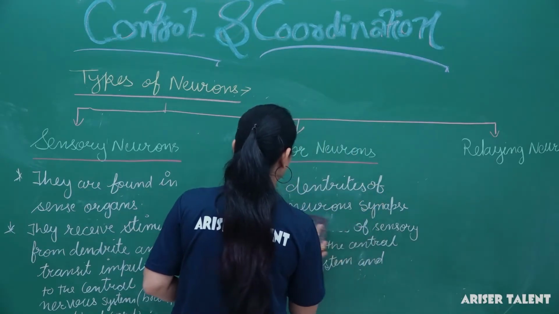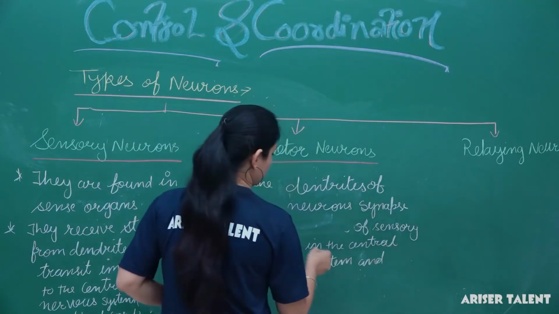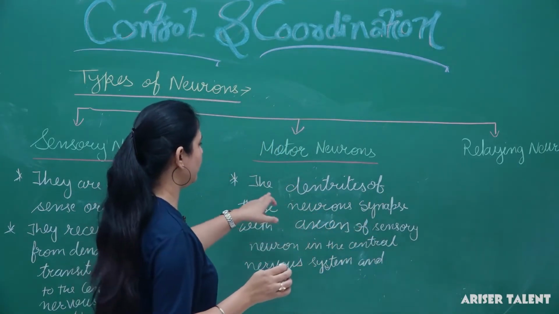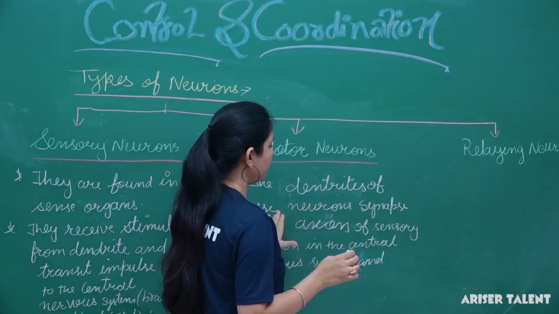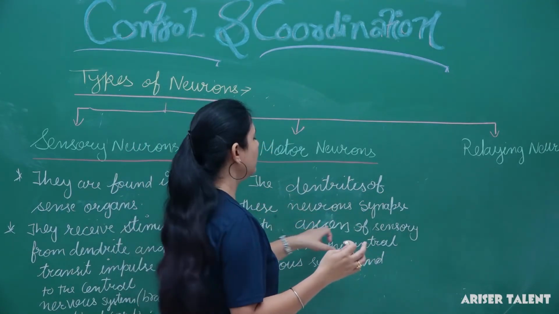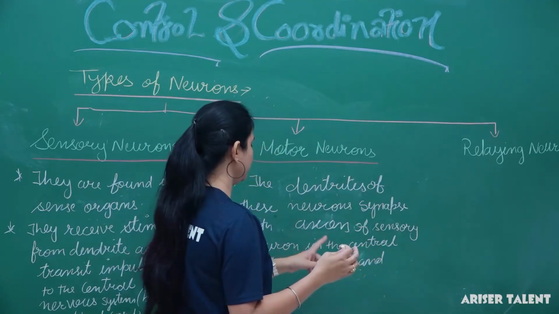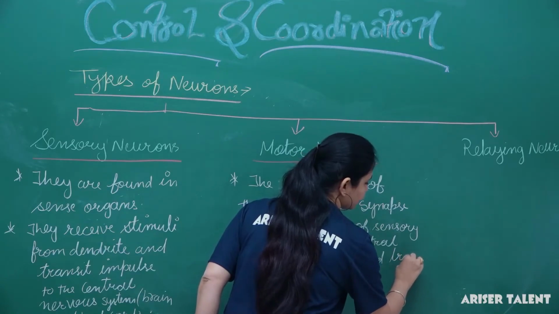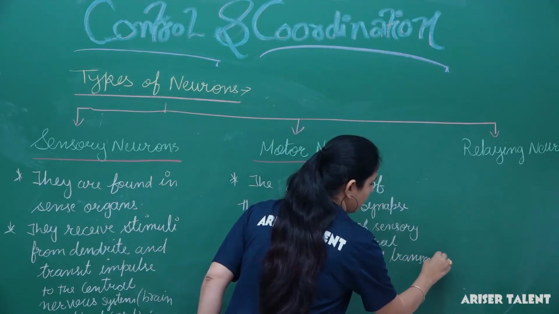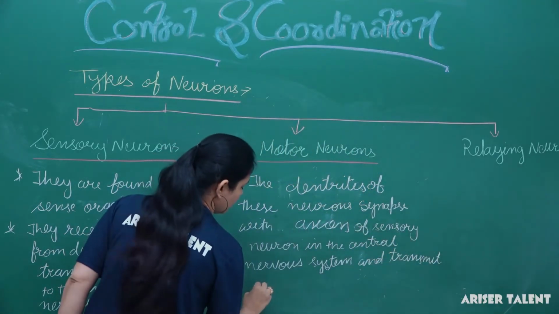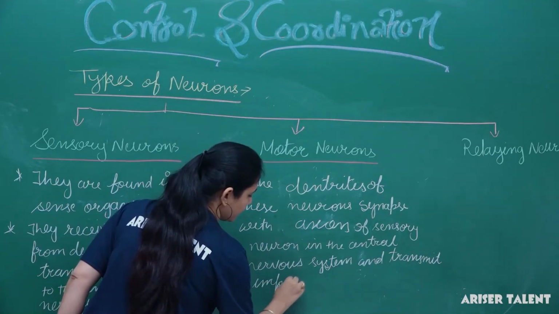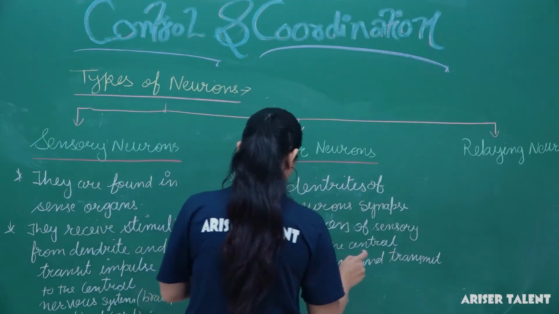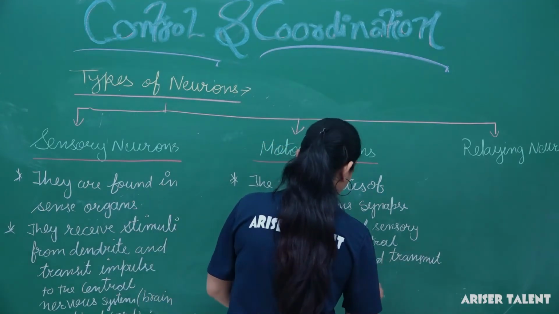Because dendrites are connected, they pass the impulse to the axon. Now it is clear, the dendrites of these neurons synapse with the axon of the sensory neuron in the central nervous system and transmit impulse or stimuli to them.